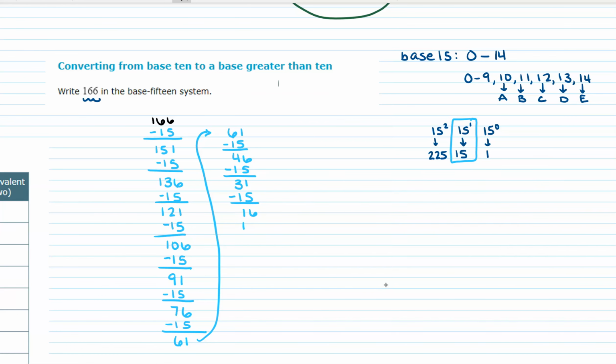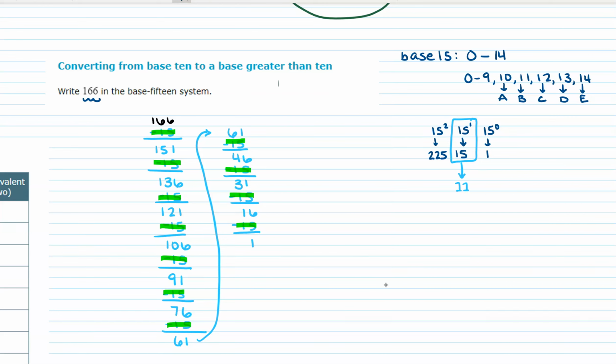And again, makes 1. How many times did we do that? Let's count it. We subtracted 1, 2, 3, 4, 5, 6, 7, 8, 9, 10, 11. So we subtracted 15 11 times.